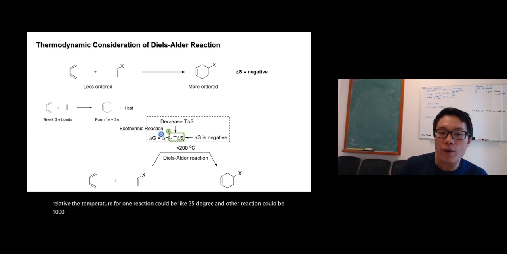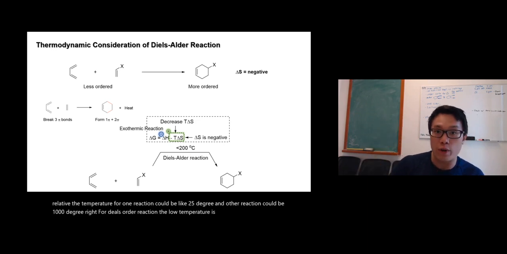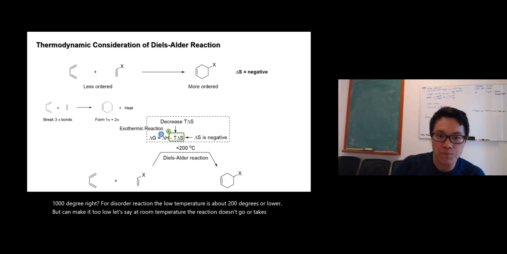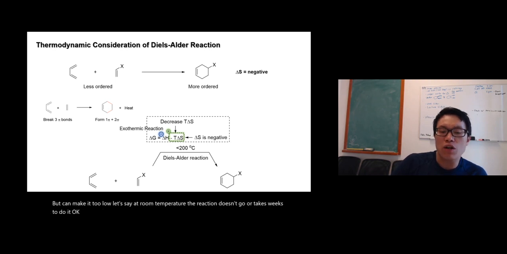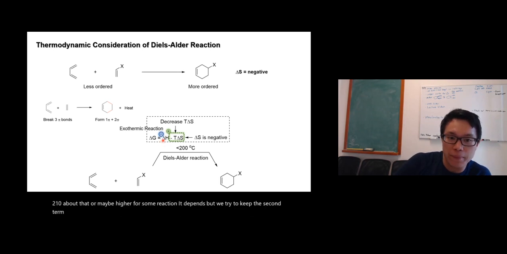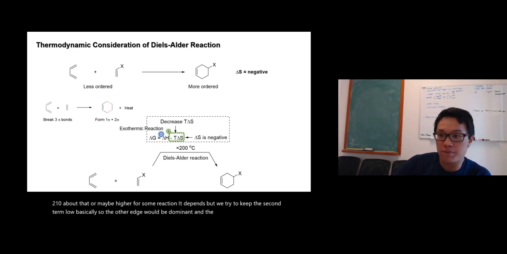For the Diels-Alder reaction, low temperature is about 200 degrees or lower, but you can't make it too low. At room temperature, the reaction doesn't go or takes weeks. Most Diels-Alder reactions are run at about 180, 200, 210 degrees, or maybe higher for some reactions. It depends. But we try to keep the second term low, so delta H will be dominant and delta G will be negative.